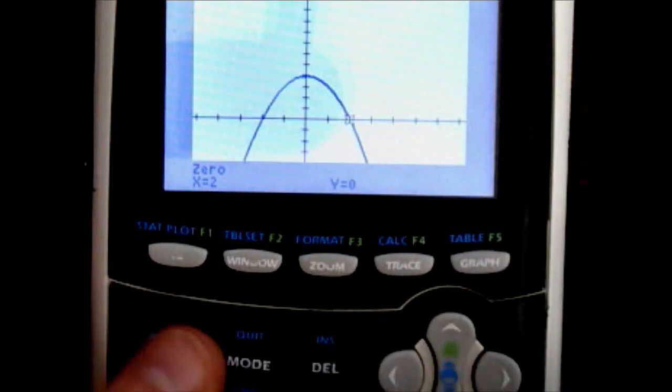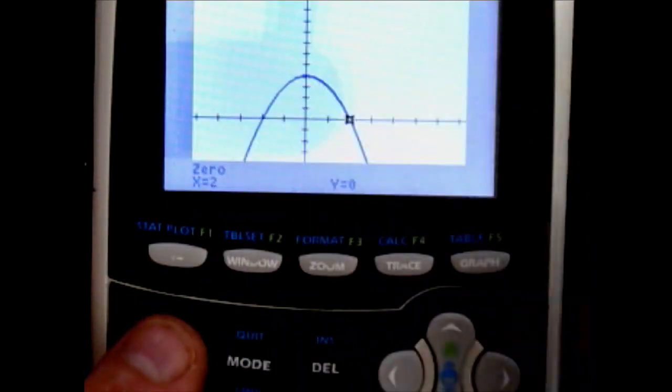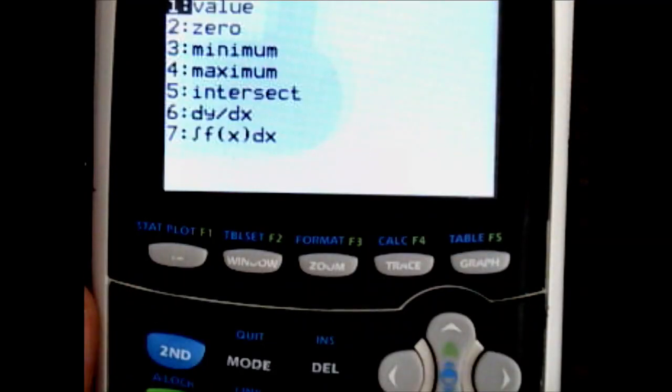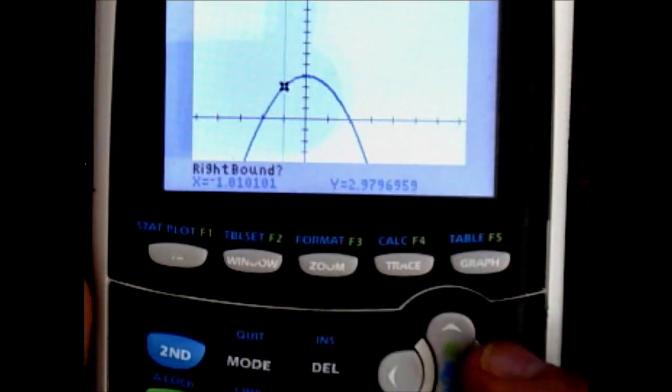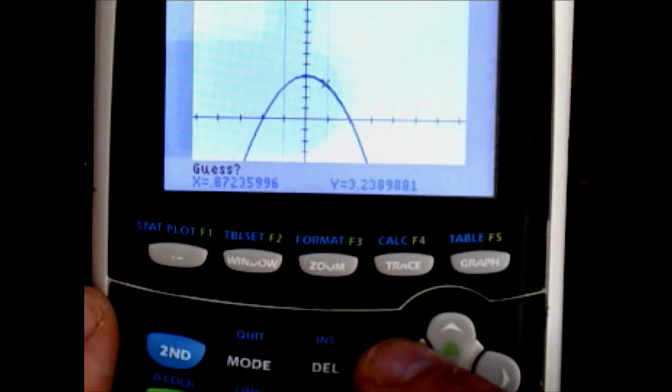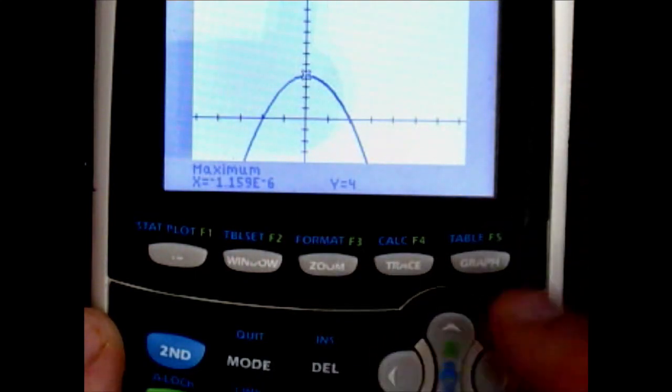Alright? Now you can do minimum or maximum. Since this one doesn't have a minimum, let's look for the maximum. Second trace 4 is maximum. So you move to the left of the highest point, you move to the right of the highest point and hit enter each time, and then you move to the center and hit enter. And it gives you your answer.